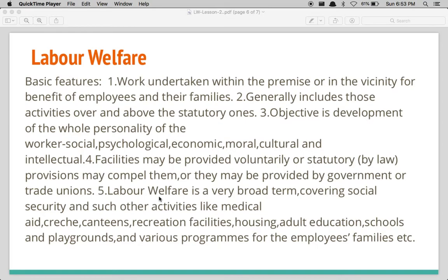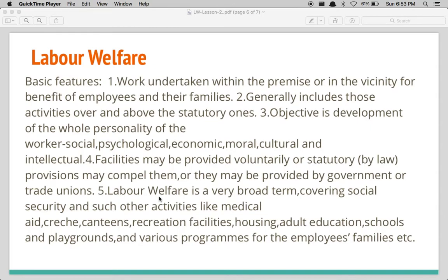Number four, these facilities may be provided voluntarily by progressive and enlightened entrepreneurs or owners of their own accord, or statutory provisions, that is, provisions as per law, may compel them to make these facilities available. And these facilities may be given by the government or in many cases also by the trade unions if they have the necessary funds for the purpose.